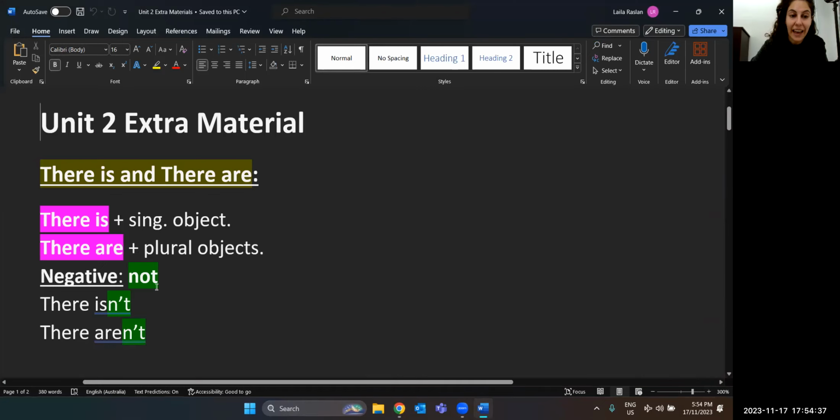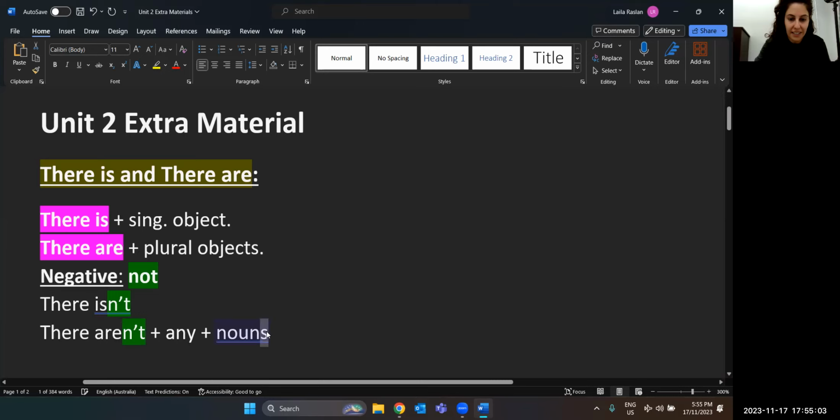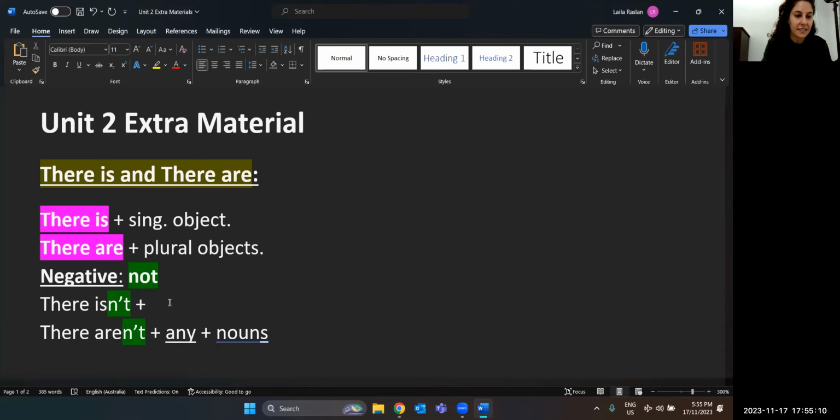For the negative, we add a not. So it would be there is not. Sorry, there isn't. We can connect it. Or there aren't. So there isn't a book in this room. There aren't any books in this room. So remember, with the negative, for plural only, we add any and then the noun. Make sure that noun has an S. And for the singular, it was there isn't.